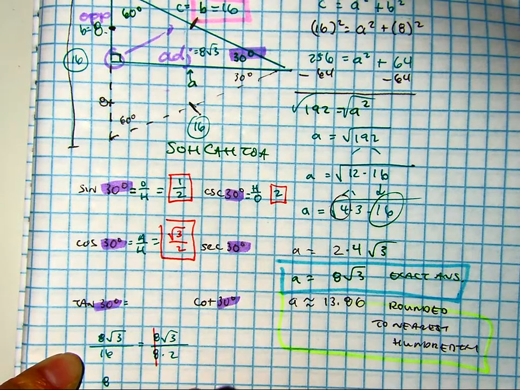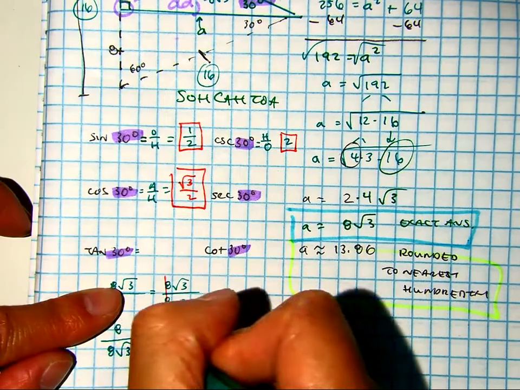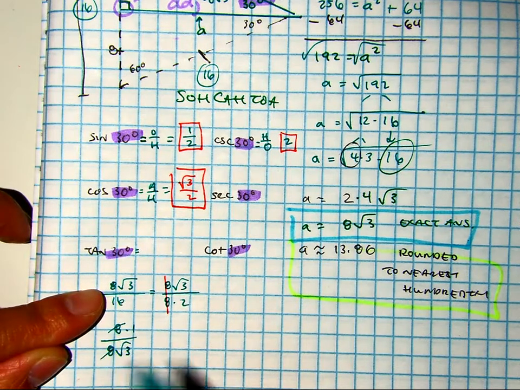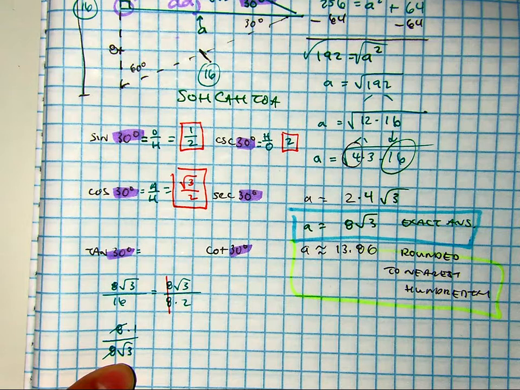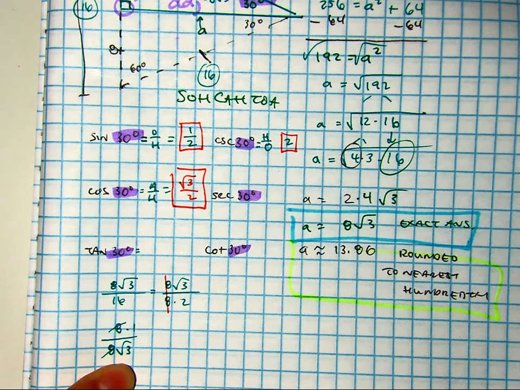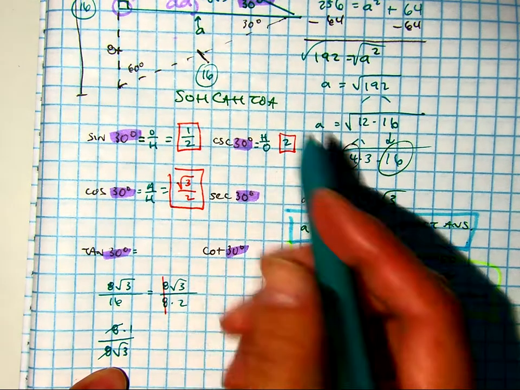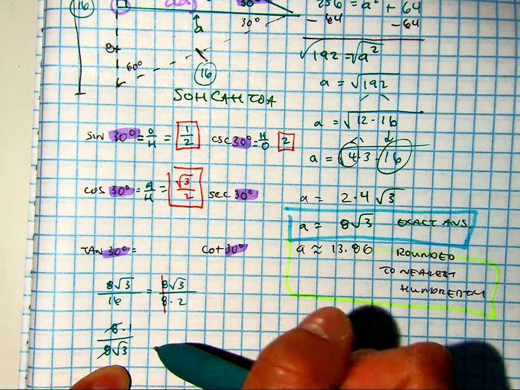Good. Remember, there's a factor of 1, and your ones will cancel. Did you rationalize this? Remember, I can't have a radical in the denominator. Partner B, tell partner A, what do I have to multiply by? Ready, set, go.